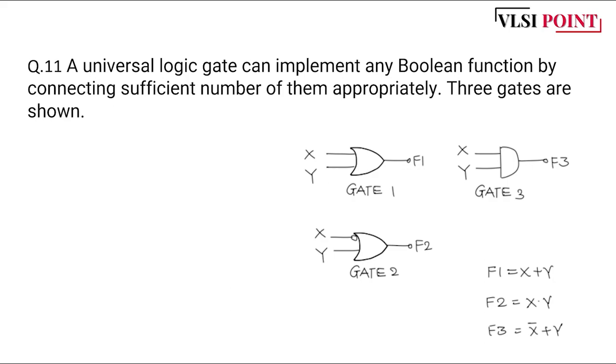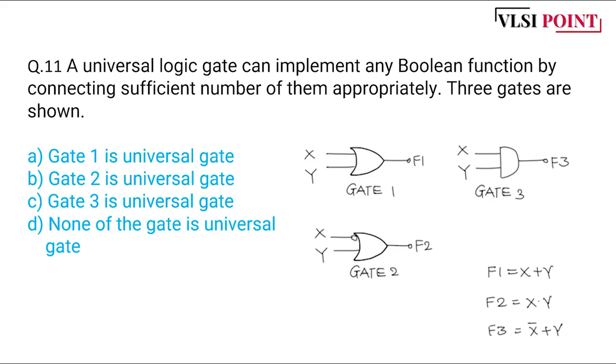Okay, let's move to question number 11. A universal logic gate can implement any Boolean function by connecting a sufficient number of them appropriately. Three gates are shown. So first see the options. Gate 1 is a universal gate, gate 2 is a universal gate, gate 3 is a universal gate, and none of the gates is a universal gate.